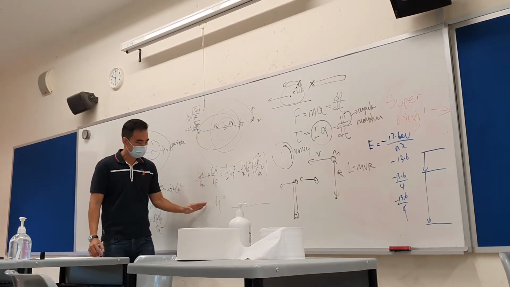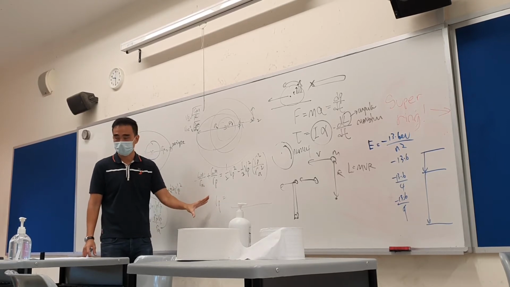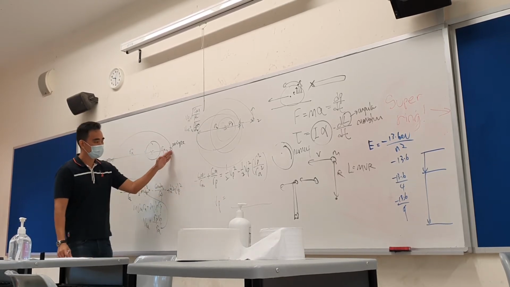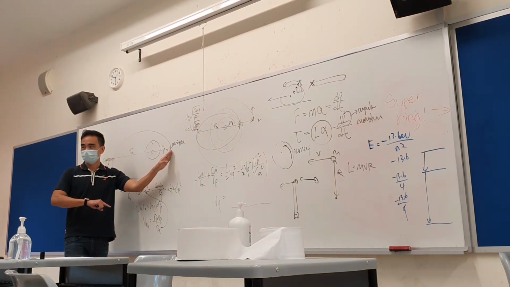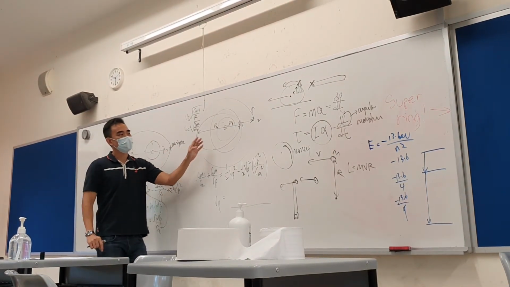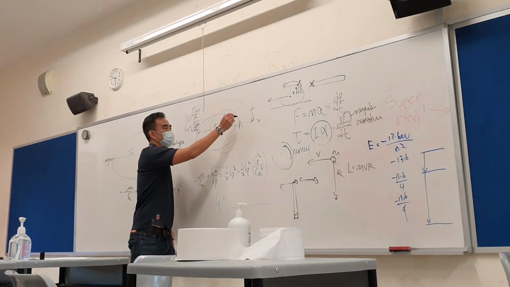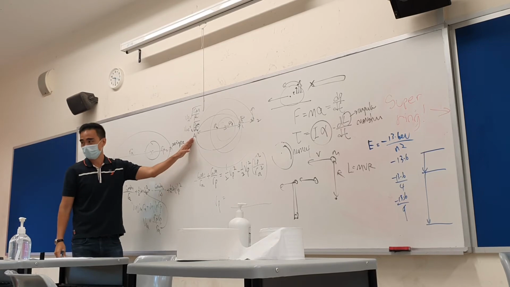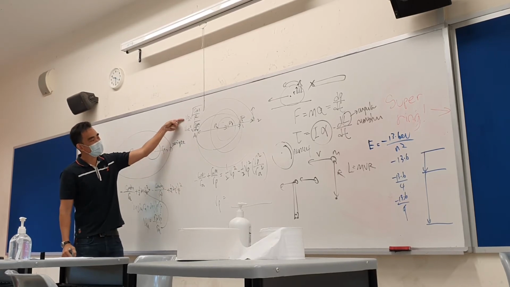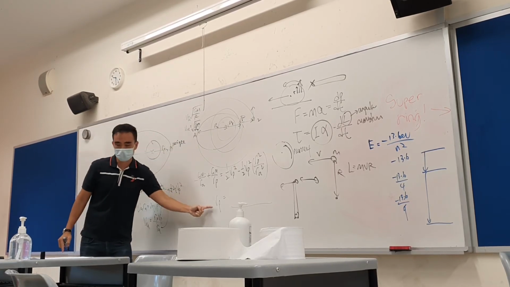So this one, if you solve it, you have this big expression for the speed at the perigee in terms of R1 and R2. Right? So at this point, this is the perigee of the elliptical motion, and this is the apogee. So you just need to kick it from V1c to this velocity.